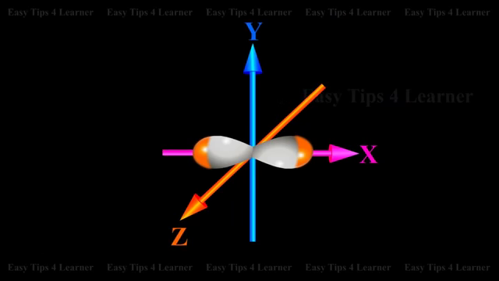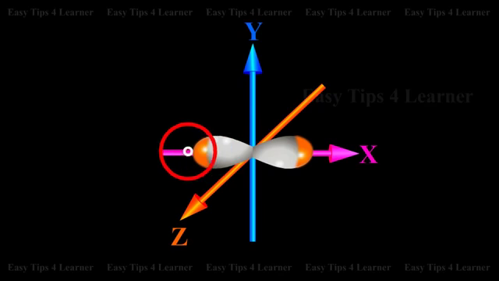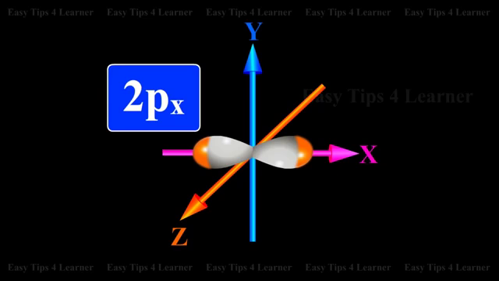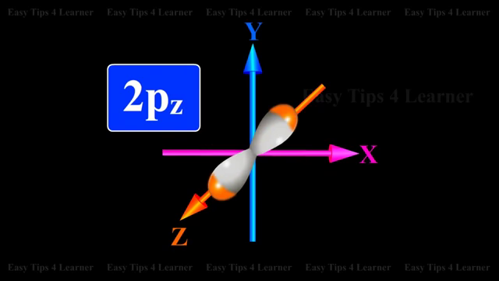Each p orbital consists of two lobes symmetrical about a particular axis. Depending upon the orientation of the lobes, these are denoted as 2px, 2py, and 2pz accordingly, as they are symmetrical about x, y, and z axis respectively.